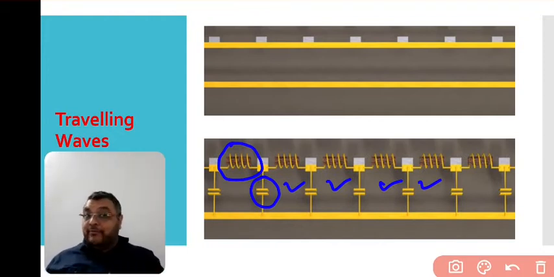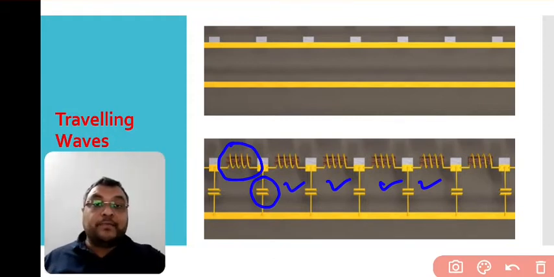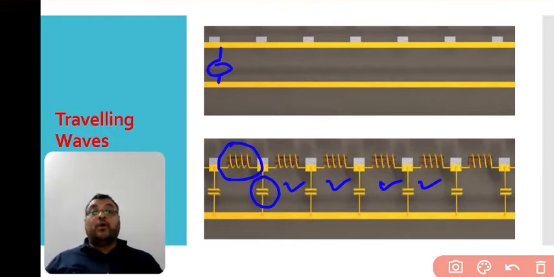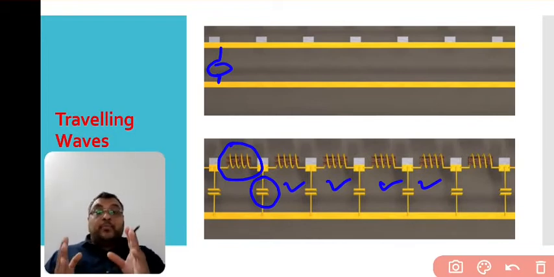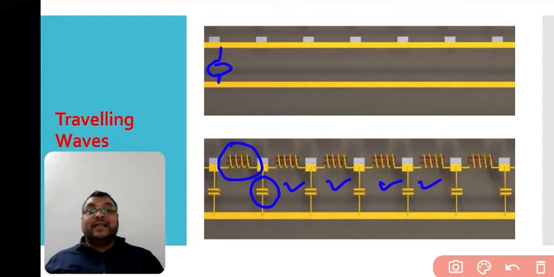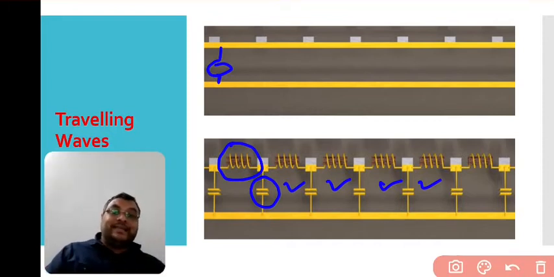Whenever we switch on the supply, if I connect one source between these two conductors, what happens? Whatever supply we give to this transmission line, we think it will travel instantaneously towards the load.